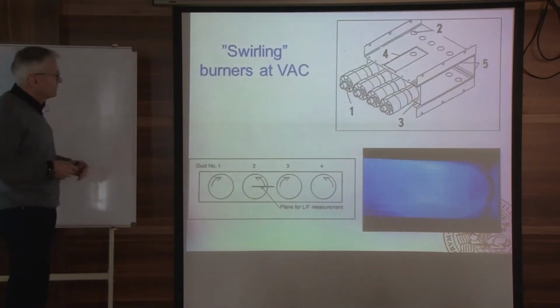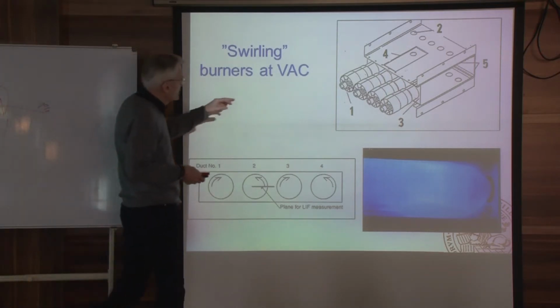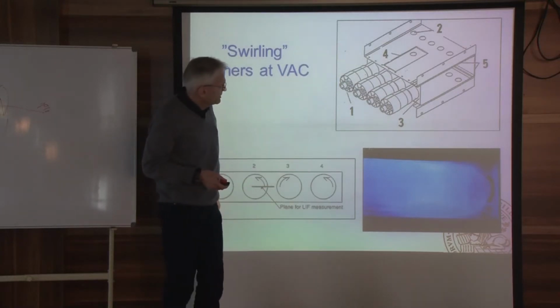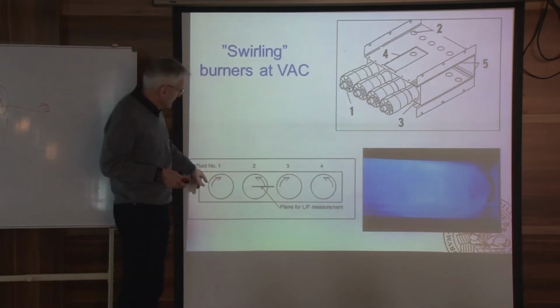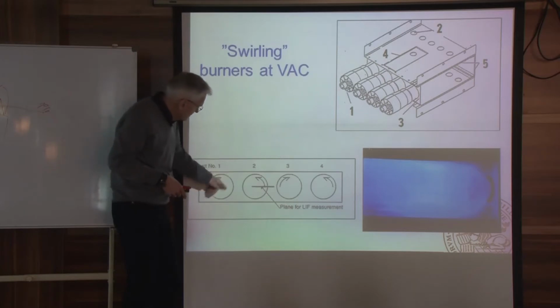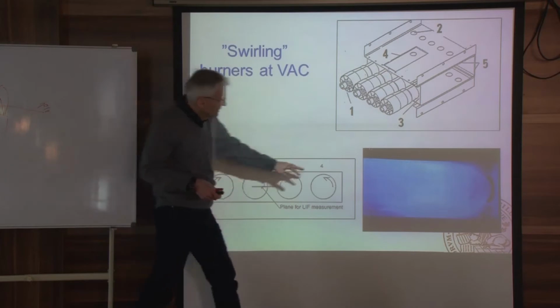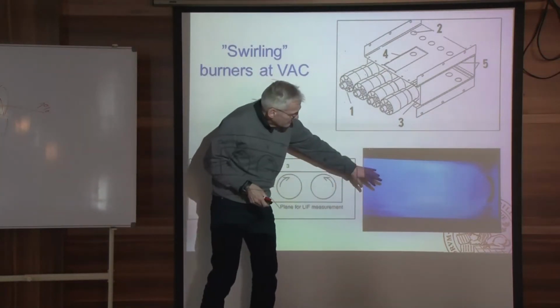Another approach related to gas turbines is together with Volvo Aero Corporation in Trollhättan. They had 4 different burners where the burners had a swirl in different counterflow directions. And if you looked from this side, this looks like that.